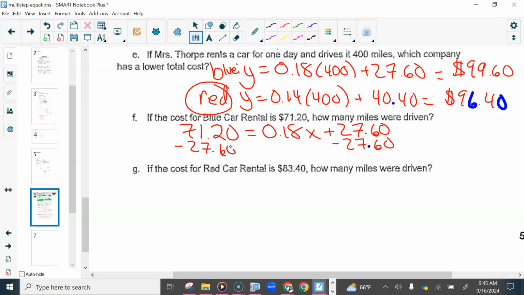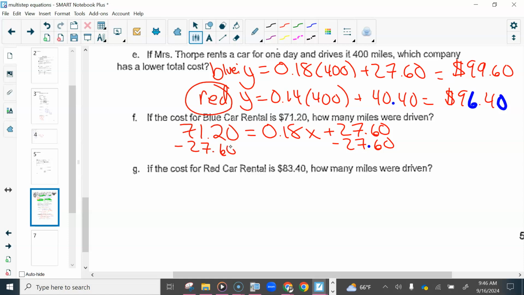I wrote this way too big. Tell me what that is. 71.20 minus 27.60. $43.60.